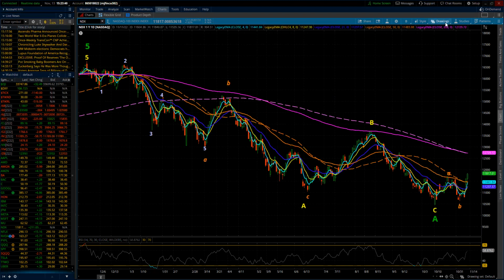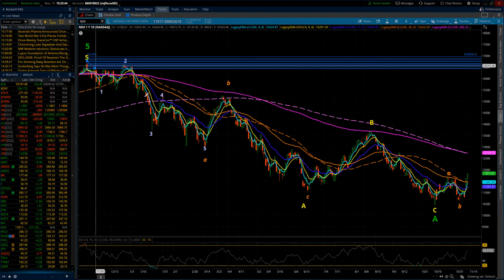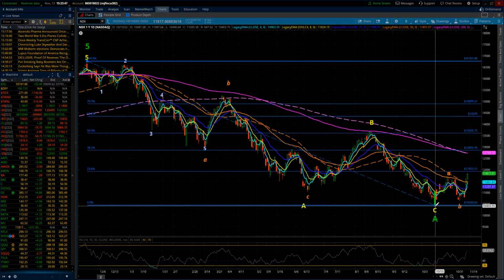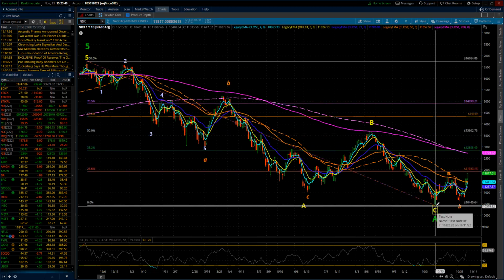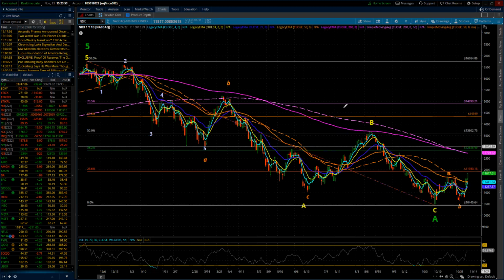Let's go back. We have our retracement, and we're going to go to the all-time high down to that low. What is the potential for a primary B wave?